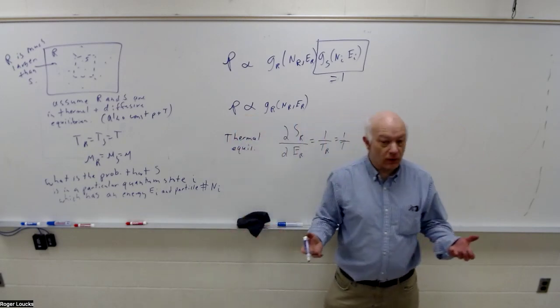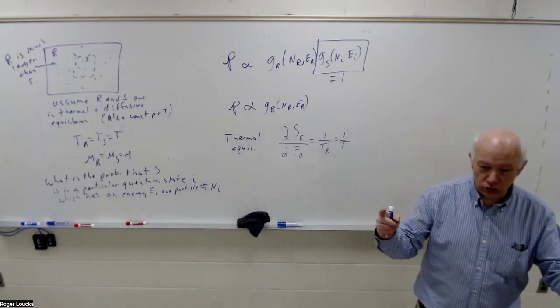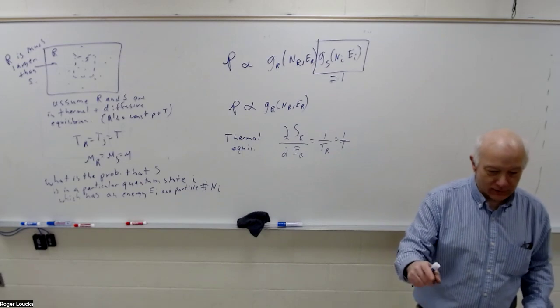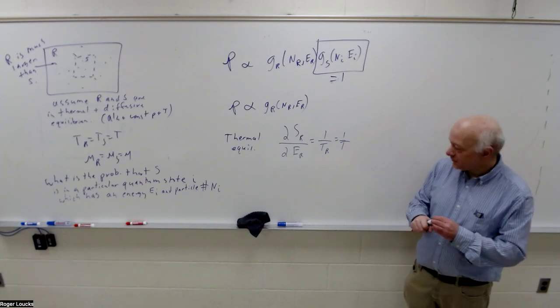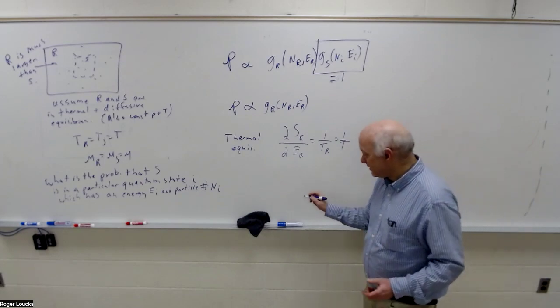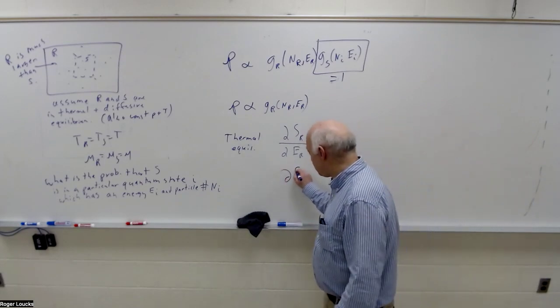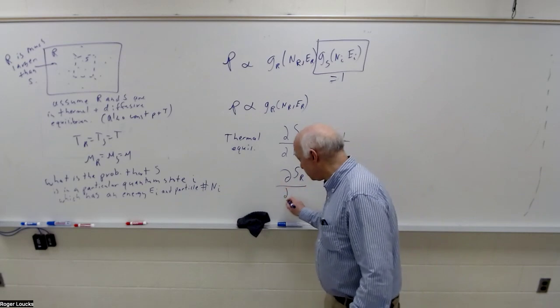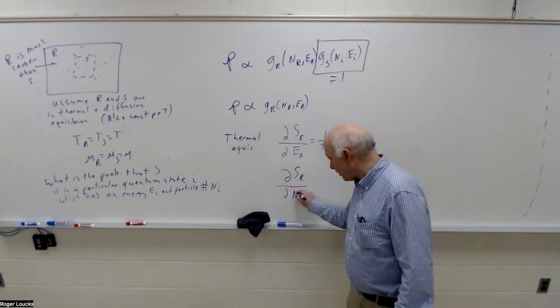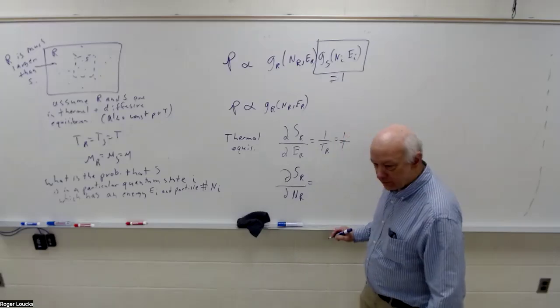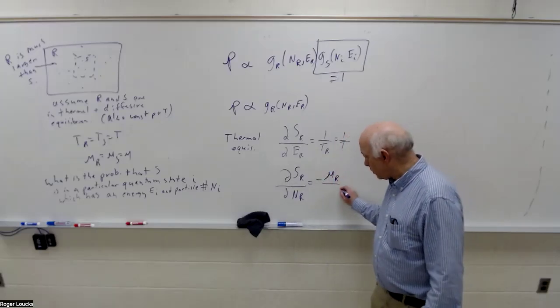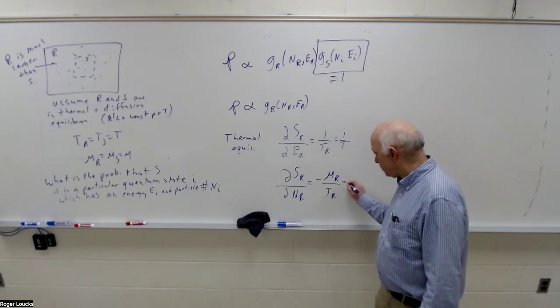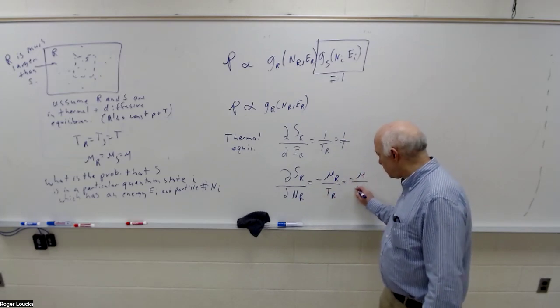But I know this system's also in diffusive equilibrium because you're going to show that in homework. The partial of S with respect to N is minus mu R over TR, which is minus mu over T.